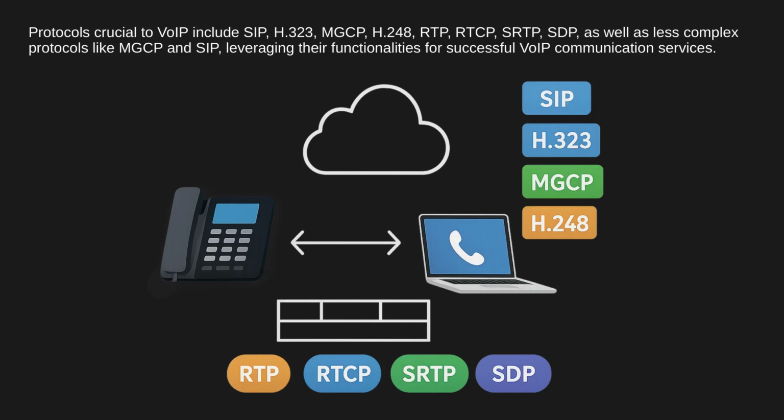Protocols crucial to VoIP include SIP, H323, MGCP, H248, RTP, RTCP, SRTP, SDP, as well as less complex protocols like MGCP and SIP, leveraging their functionalities for successful VoIP communication services.